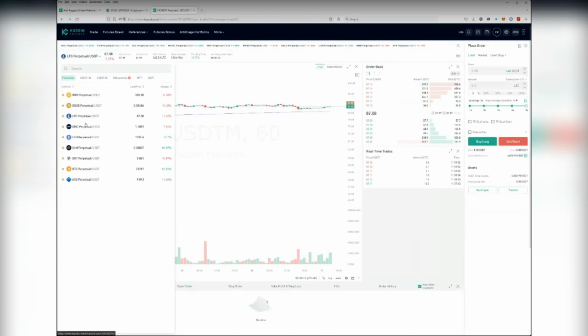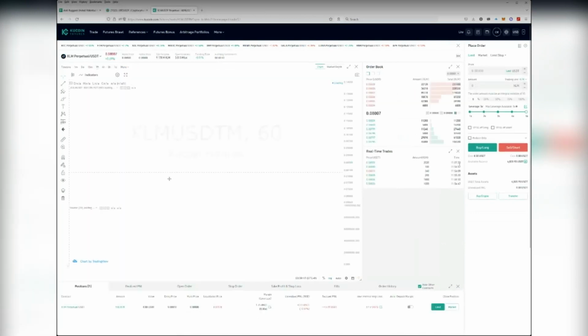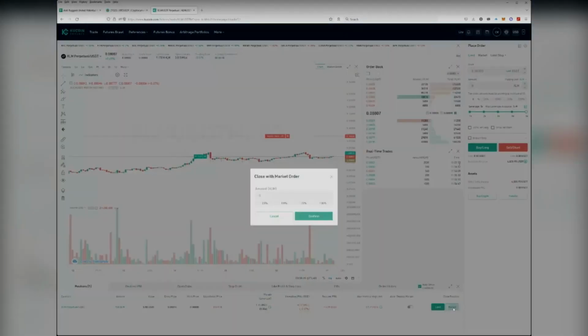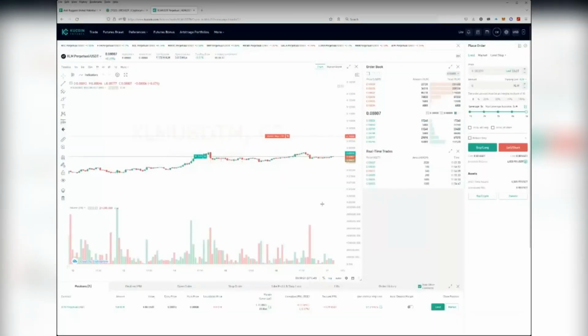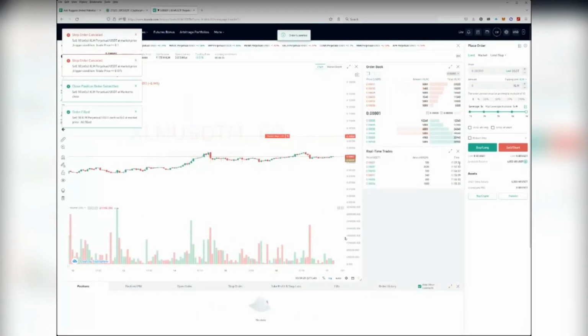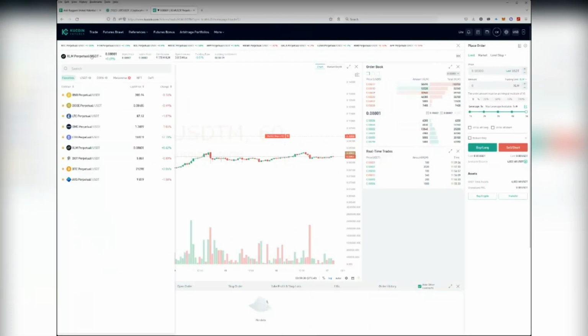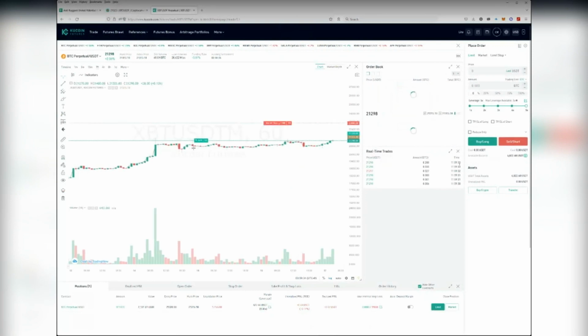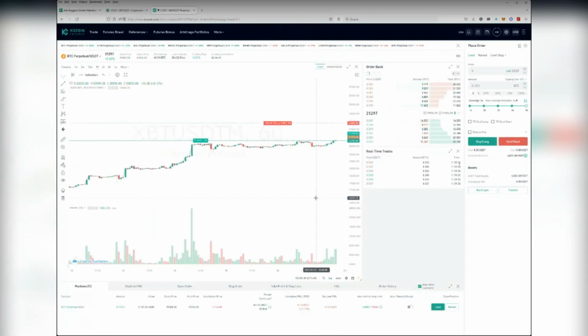We did LTC. We did XLM. Market close. Oh, it shows both now, right? No, two reds. That was an entry. Ah, okay. What's the last one we did? BTC? Bitcoin, yeah. See, it's still not showing my stop loss.